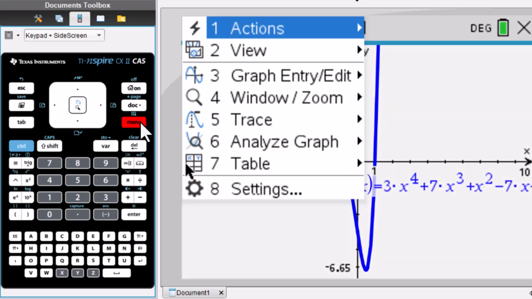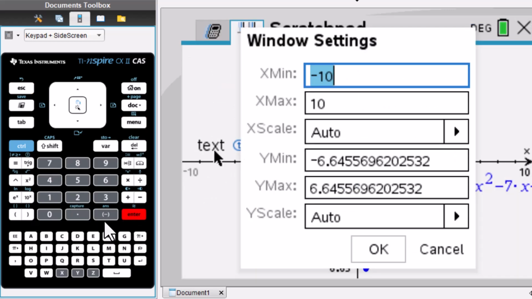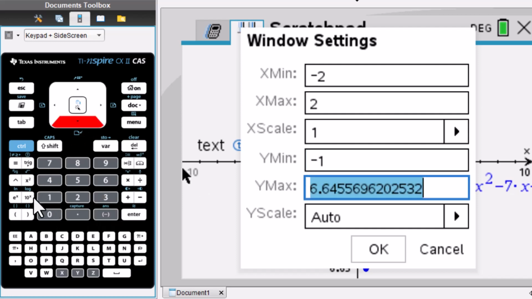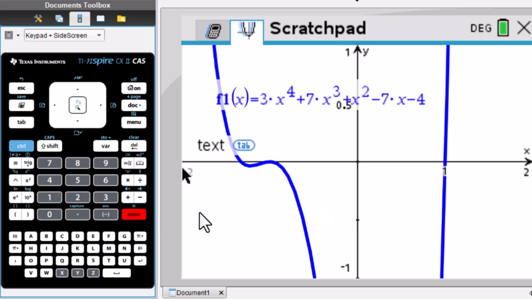Go to menu, 4, window setting, negative 2 to 2, 1. Since we are only interested in the roots or x-intercepts, for y minimum, let's put negative 1. Y maximum, put 1. Auto, let's do 0.5. Then enter.